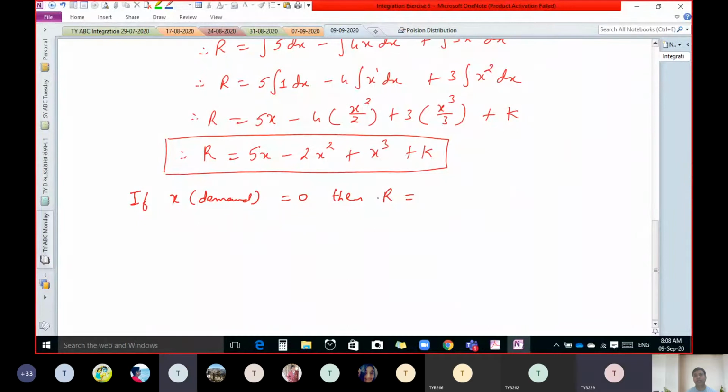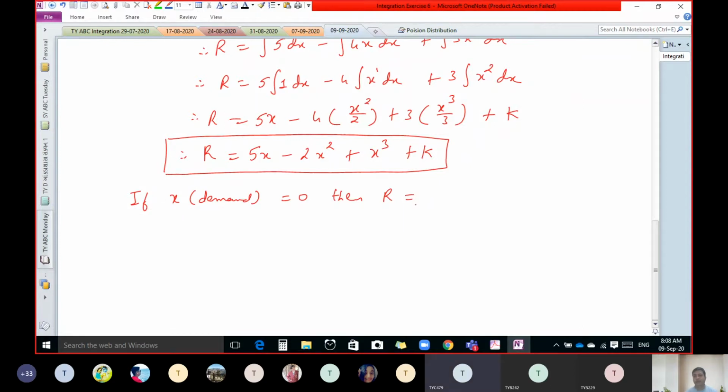Once again, just concentrate on the question once again. If x is 0, what is your revenue? Okay, just forget this equation. 0. Yes, why 0? You are right. Why?